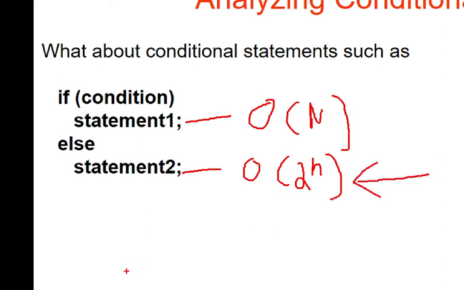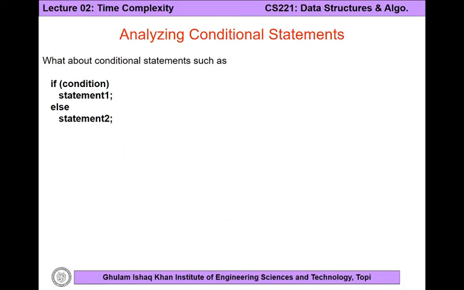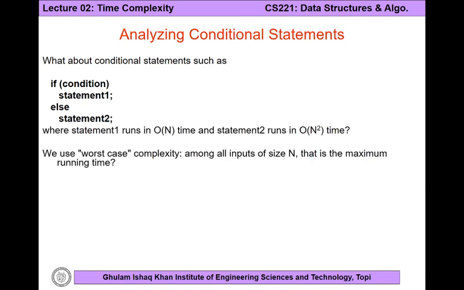The overall time complexity of the code will be the one which is the worst among these two conditions. So the worst one needs to be picked, and here in the example it's written that statement 1 is of order of n and statement 2 is of order of n square. The worst one is order of n square, so the overall time complexity of the code will be order of n square, right.